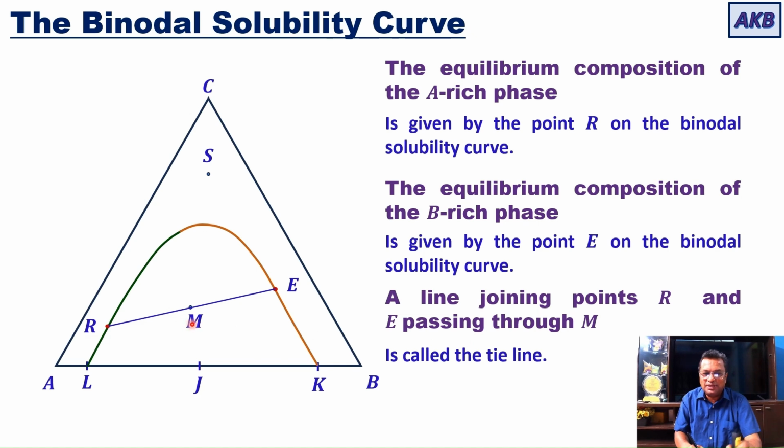So point M lies on the tie line. Point M represents a two-phase mixture. One is the A-rich phase, the other one is the B-rich phase. Composition in the A-rich phase is given by point R, and composition in the B-rich phase is given by point E. The line that connects equilibrium compositions, we call the tie line.